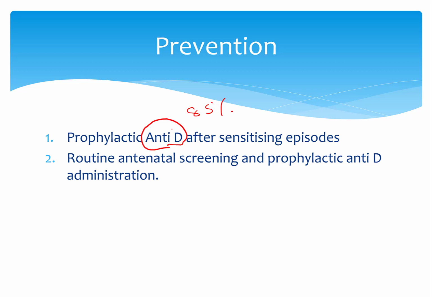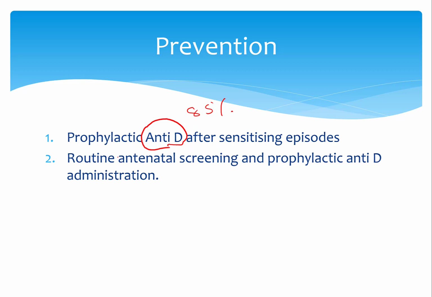But we can give it immediately after any possible transfusion occurring between mother and baby. But as I mentioned earlier, about 1% of transfusion between the mother and the baby occurs silently. So, we cannot prevent all sensitization episodes. So, instead of waiting for certain sensitization episodes, some people suggested, why don't we give it routinely to every woman who is Rh negative to catch those 1%.